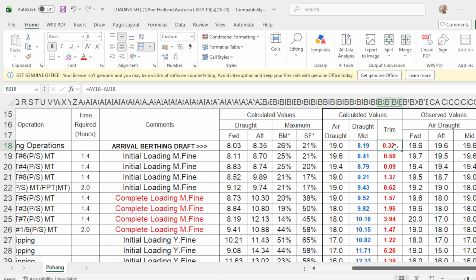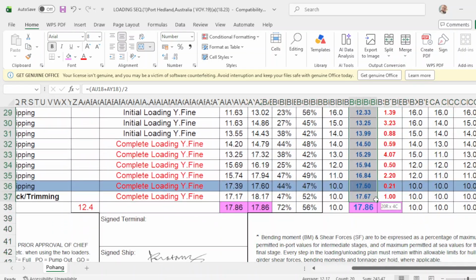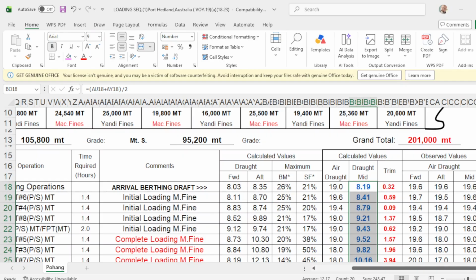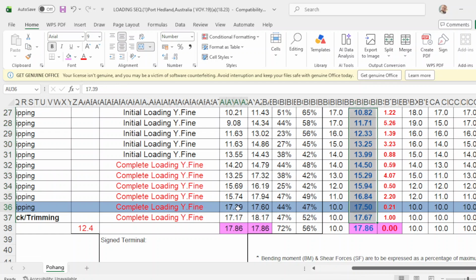let me see, this 8 and this one. We make this a little bigger. Eight, okay. Make this 9. Okay, that's it. So they both agree that forward draft is 17.39.